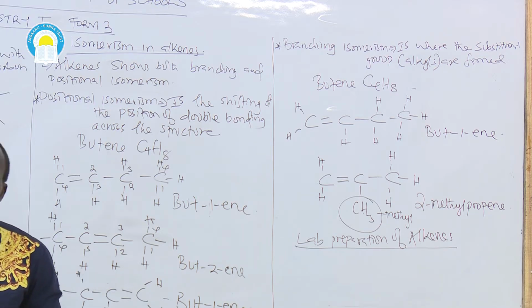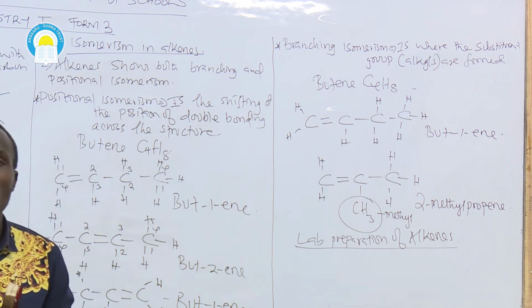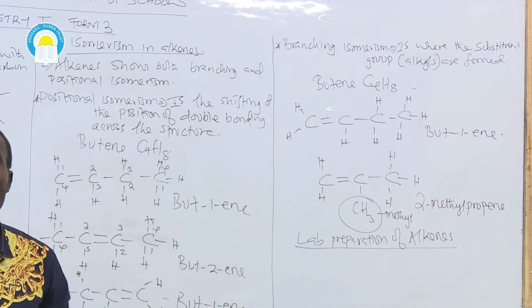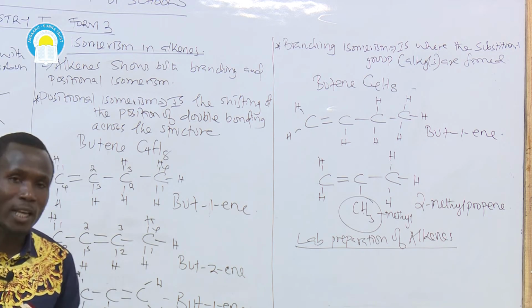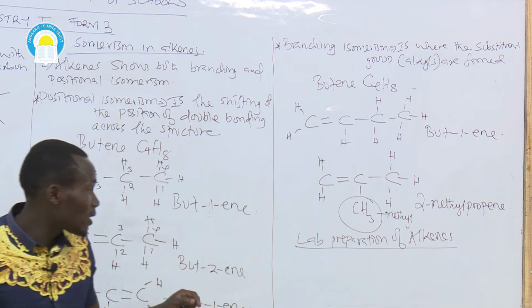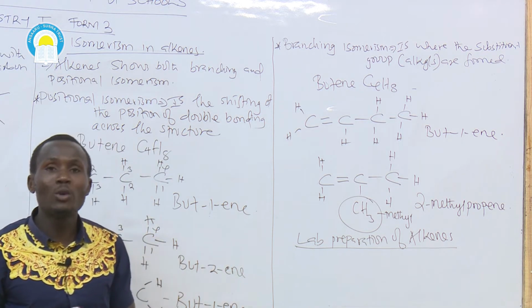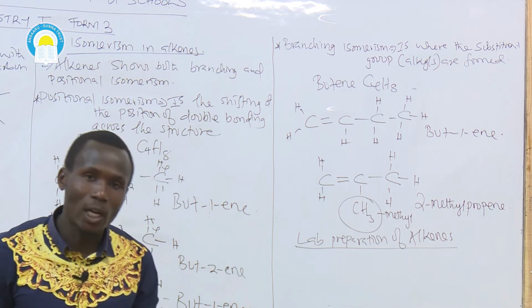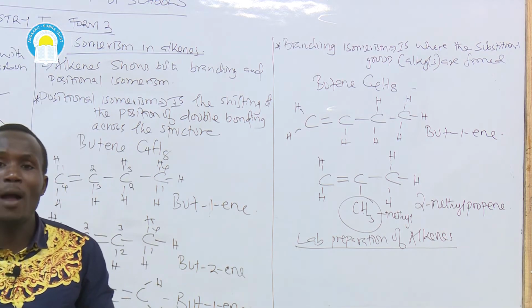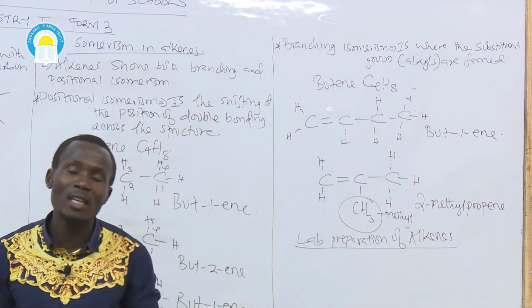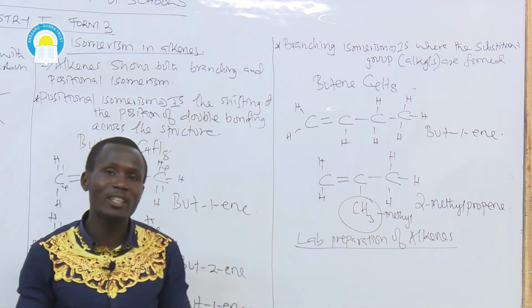We dehydrate alkanols using concentrated sulfuric acid as a dehydrating agent, or we use aluminum oxide. Apart from that, another condition that should be observed during dehydration is the temperature. This reaction needs to occur between 160 and 180 degrees Celsius.